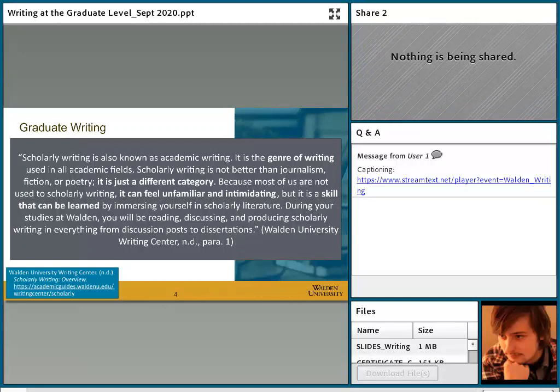There's a vein of composition research that talks about how important it is to be exposed to scholarly writing as a means to develop as a scholarly writer. And so I just wanted to bring that up too, that when you're reading the work of others, you are in a way ingesting some of the elements of their writing and you can take those elements and then display them in your own writing.